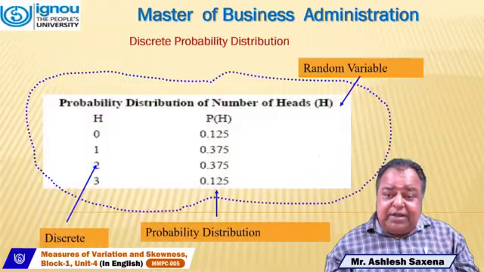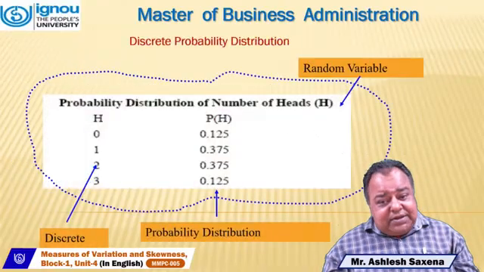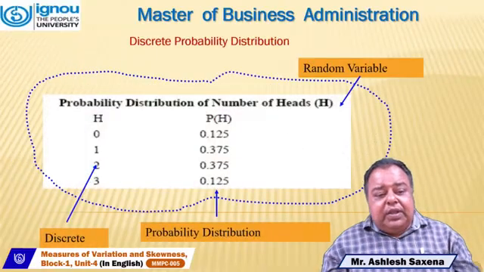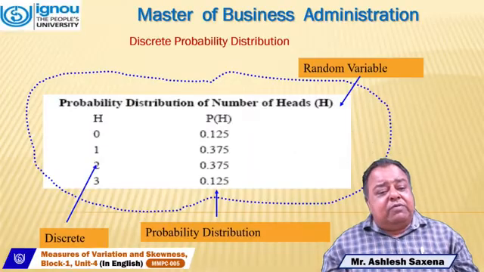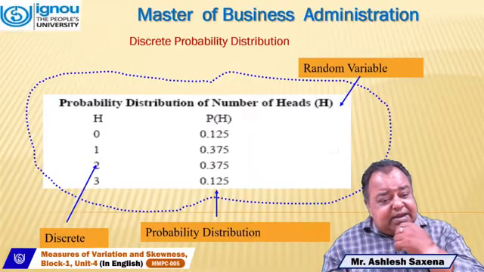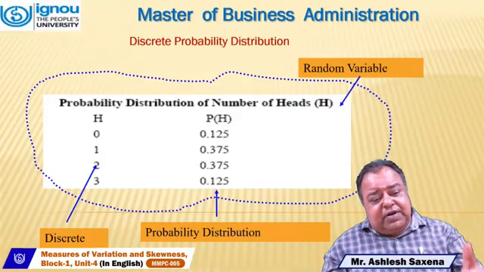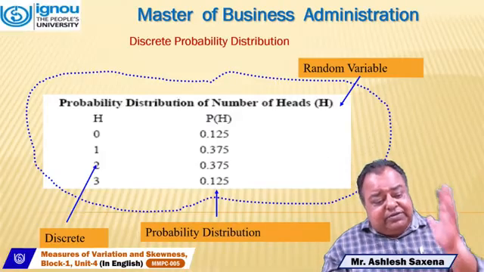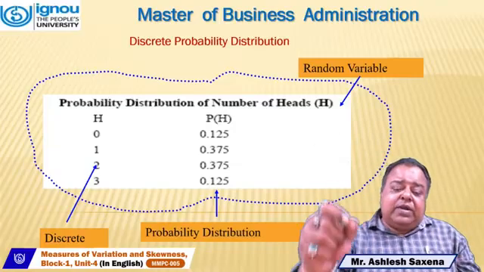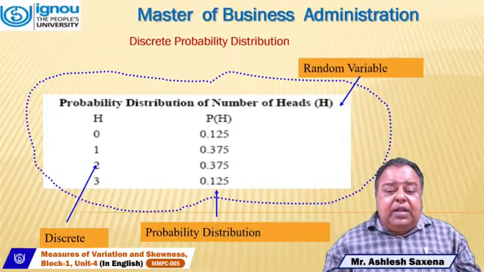Again, we will be evaluating these values. Now you can see how it is built. Probability distribution of number of heads x. We said no head, 1 head, 2 heads, 3 heads. These numbers 0 to 3 are discrete values, along with the probability of getting a head.